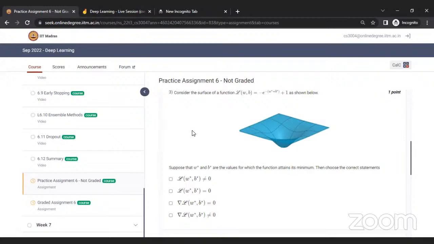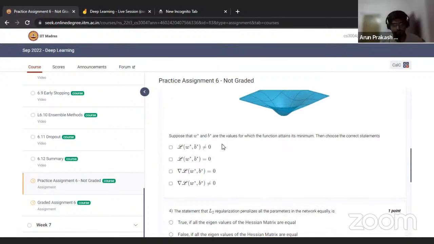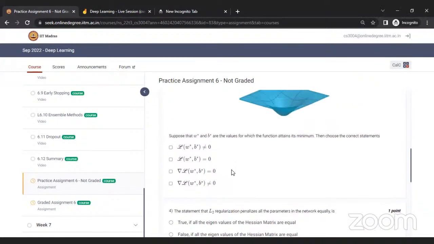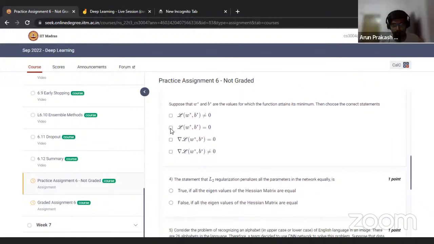So we know if it is a minima, then the gradient needs to be 0. That's okay. But how does the normal loss function need to be 0? The second option is also showing correct, this L(W star, B star) equals 0. So did I mark this as the right one?